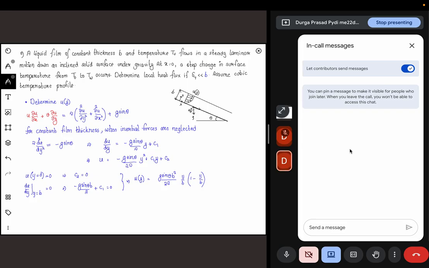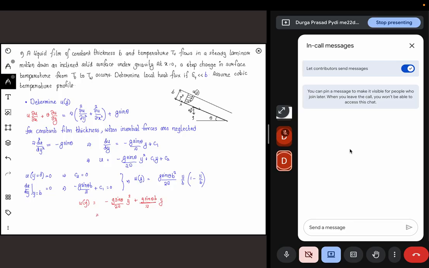So if you take this quantity out, u of y is minus g sine theta by 2 nu y square. C1 is plus g sine theta b by nu times y.